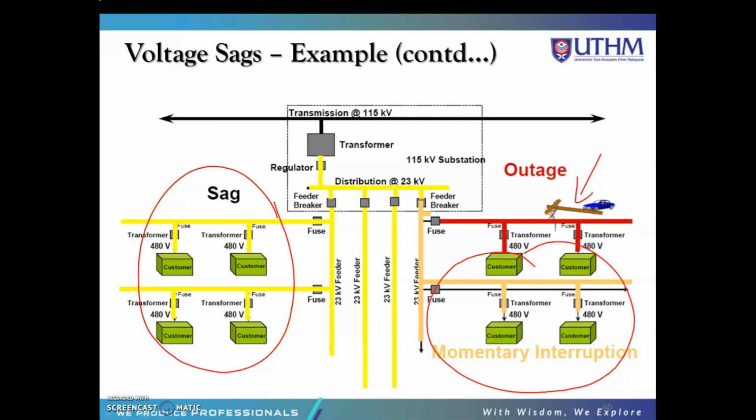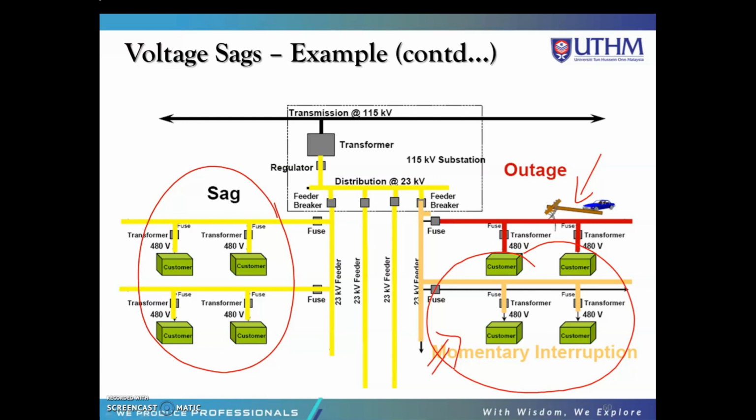An interruption happens when a source side protective device opens a section of the circuit due to a fault condition, as shown in the bus figures below. In this case, the interruption is momentary, which lasts a few seconds.